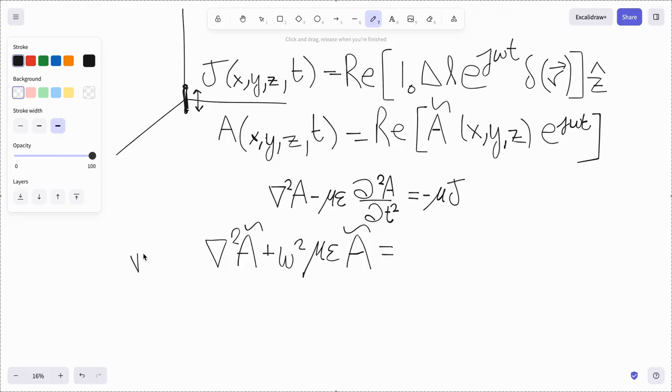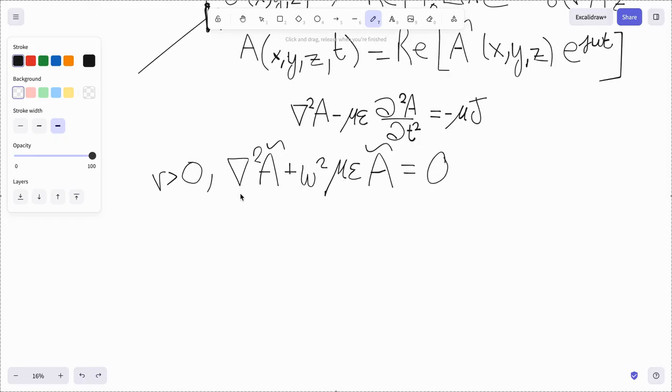But similar to the last video, looking at the simpler scenario outside of that singularity, at r greater than 0, we're just going to put 0 here, since there's no current source outside of that single wire, which is described by the Dirac delta function that we have.